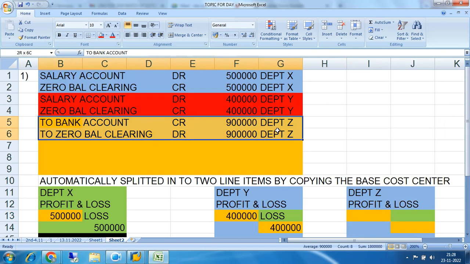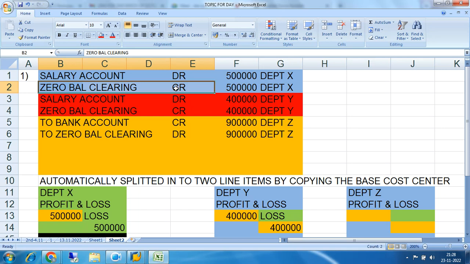So for department Z, these two items, actually zero balance clearing is a balance sheet account. Again I have to tell you, salary account is a profit and loss account type, but zero balance clearing account is a balance sheet type, right? So as it is a balance sheet type account, for department Z there is nothing in the profit and loss account.